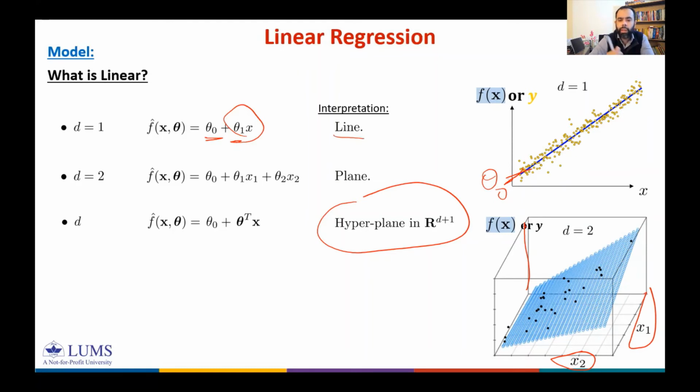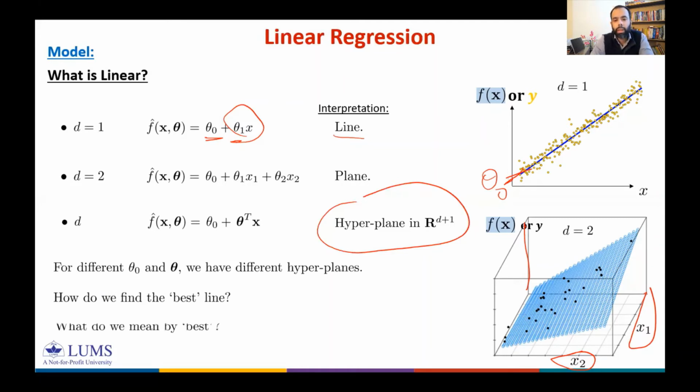If you choose different theta naught and different theta, obviously you get a different plane. But given these observations, or these black points, how do we find the best line, or the best plane? For different values of theta naught and thetas, you get different hyperplanes. How do we find the best line?